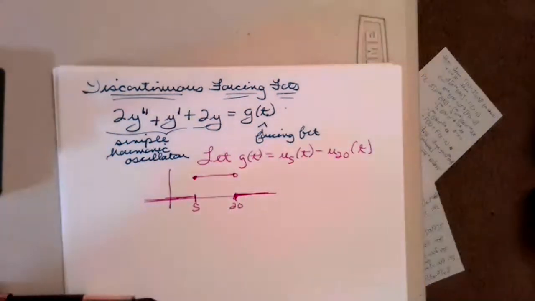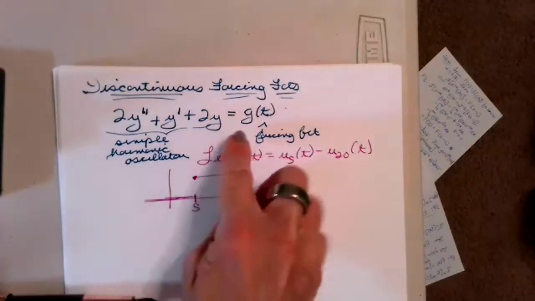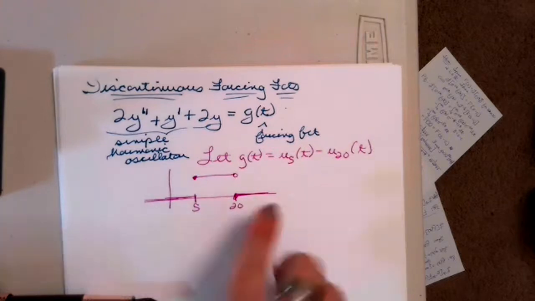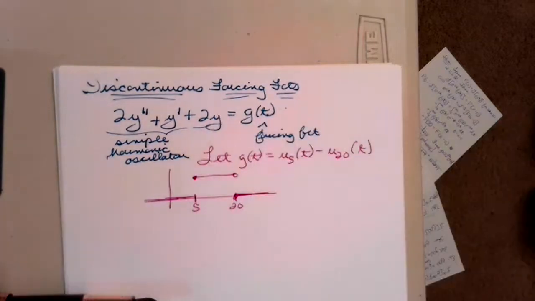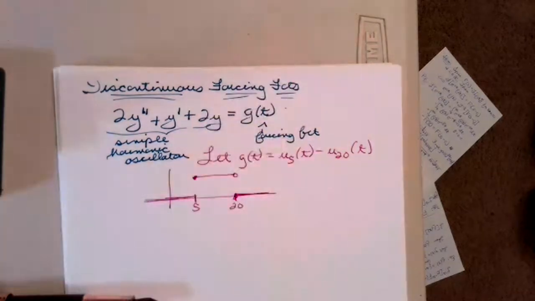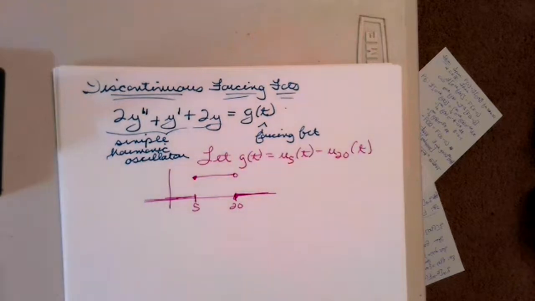So for this one, you have a harmonic oscillator, and as long as t is less than 5 or greater than 20, there's no force acting on it, but when t is between 5 and 20, there is a force, and now we're just setting the force equal to 1. We could have made it more complicated by multiplying by something, but we didn't.